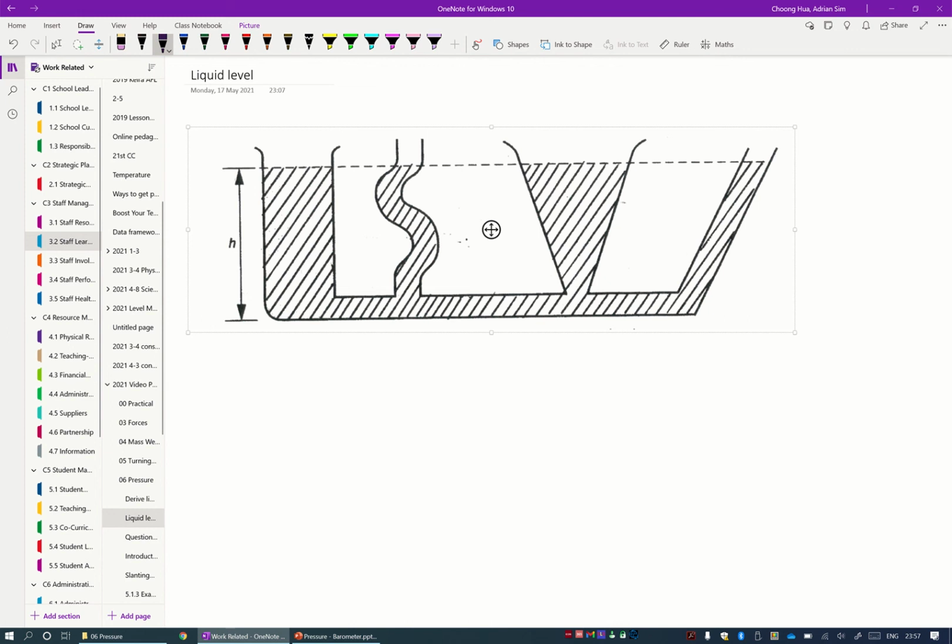Now, when you pour liquid, whichever tube you pour in, you can pour in here, or you can pour in here. The liquid will all rise to the same vertical height. So in a way, we say that the liquid will always try to find their own level.